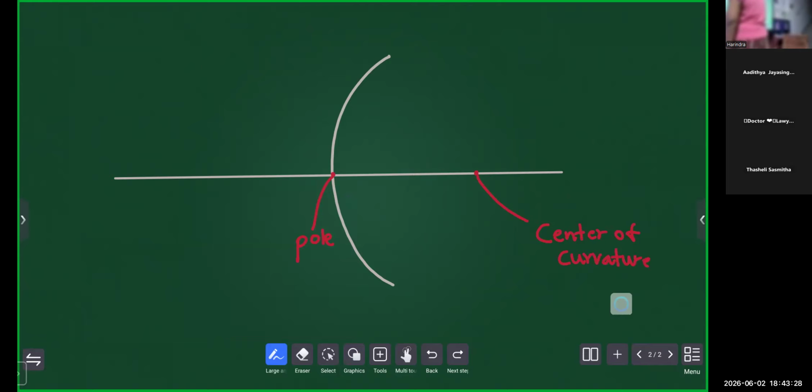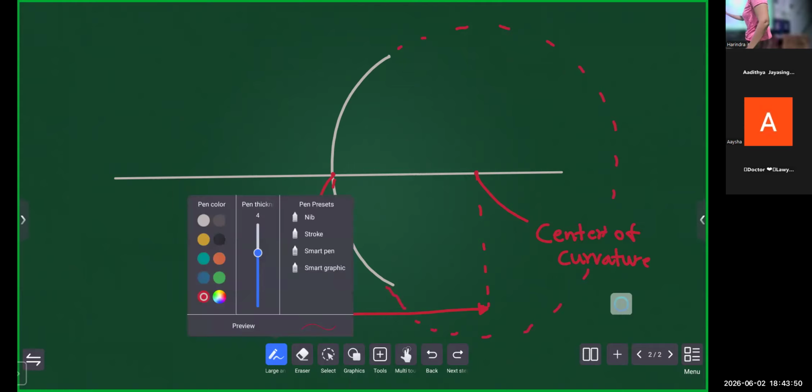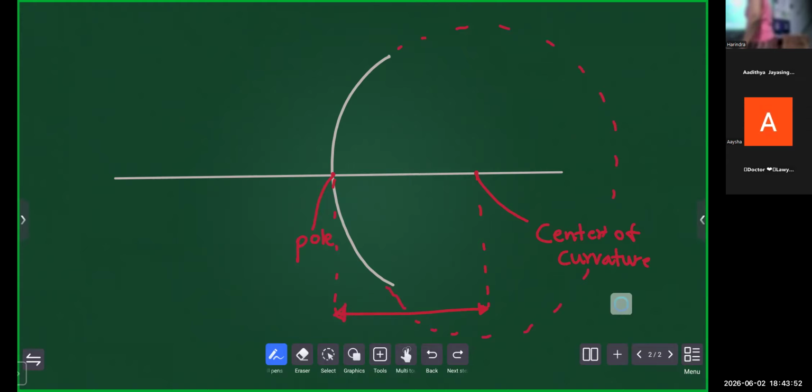And the distance is equal to what? Someone can please help me. What is the distance here? It is equal to what? Focal point. No, son, this is the sphere, right? So what is that then? This is the radius of the circle.